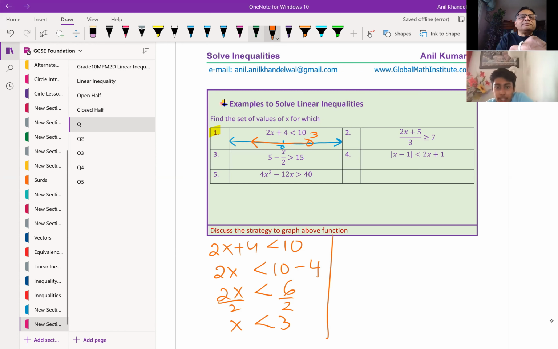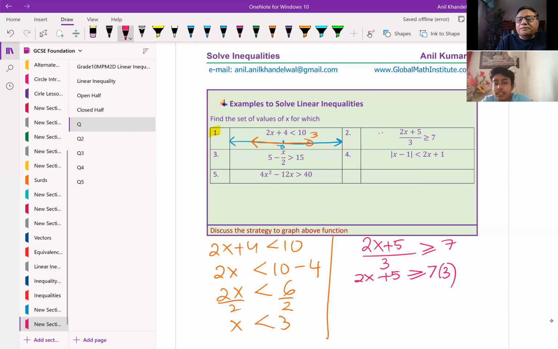2x plus 5 divided by 3 is greater than or equal to 7. Next step, what will you do? So what I would do is I will just cross multiply. I'll multiply 3 on both sides, and then it would be 2x plus 5 greater than or equal to 7 multiplied by 3.